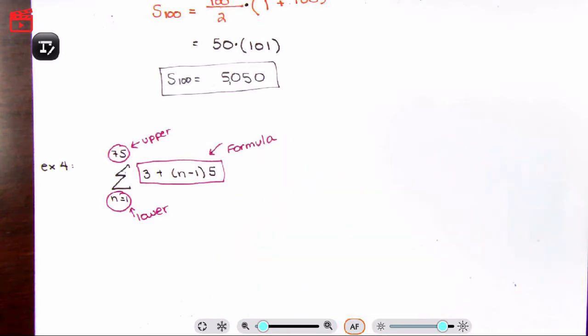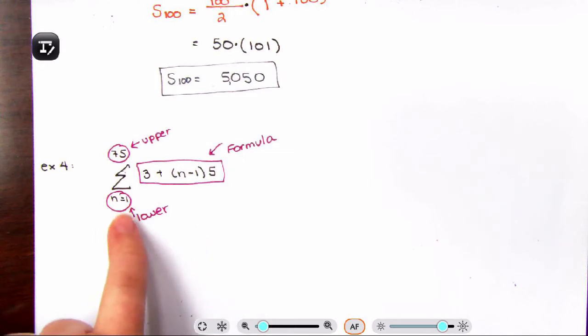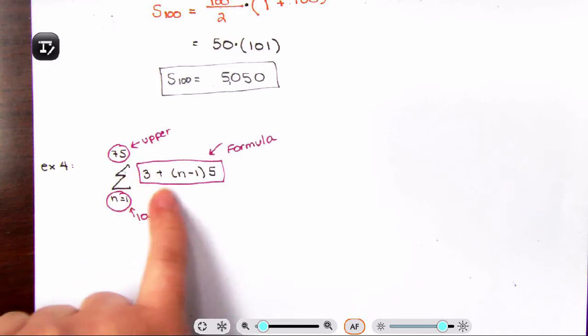Use your formula cheat sheet. Always have that for explicit, for recursive, for geometric, for arithmetic. Create one sheet of paper to have all of your formulas, because you're supposed to find the summation, right? You're supposed to find the sum of numbers between 1 and 75 using this formula.